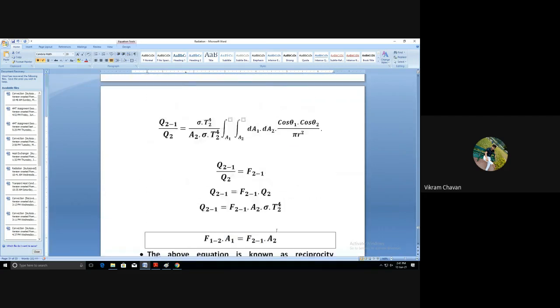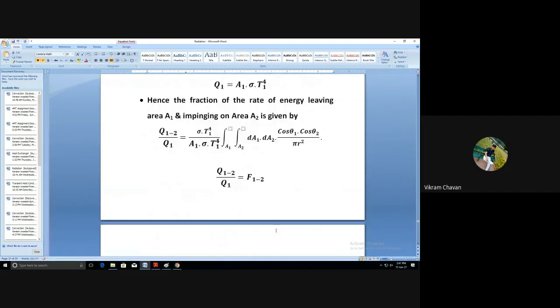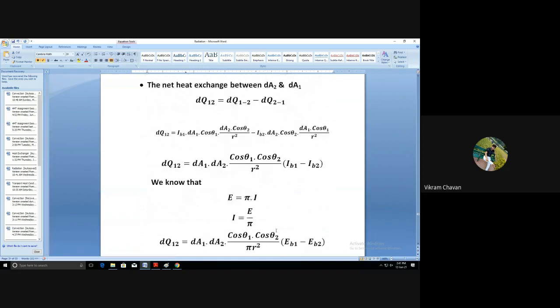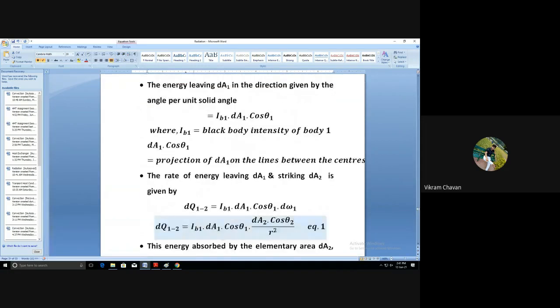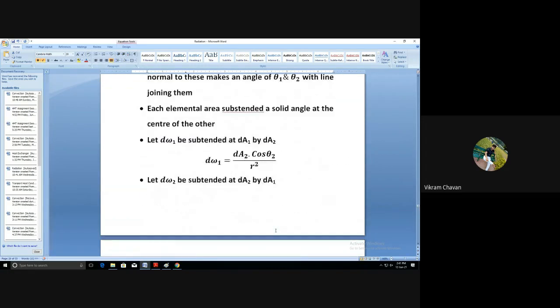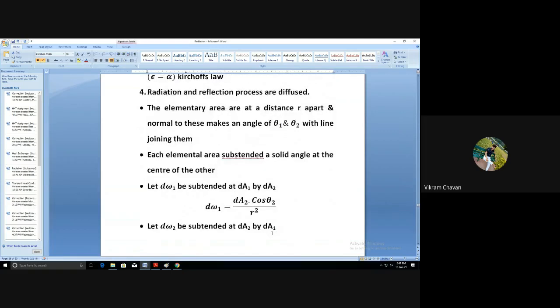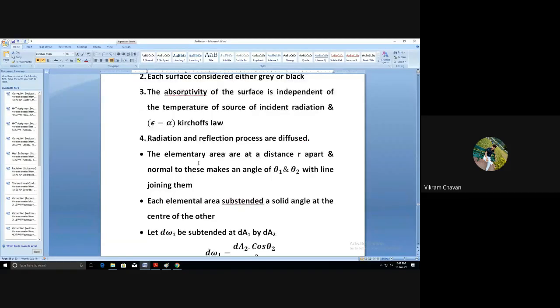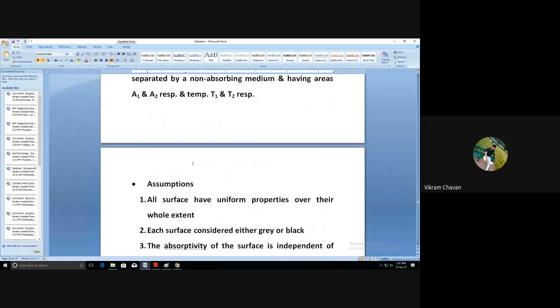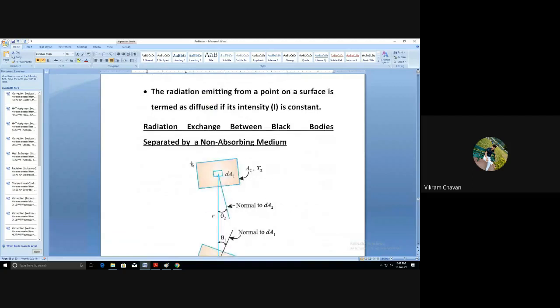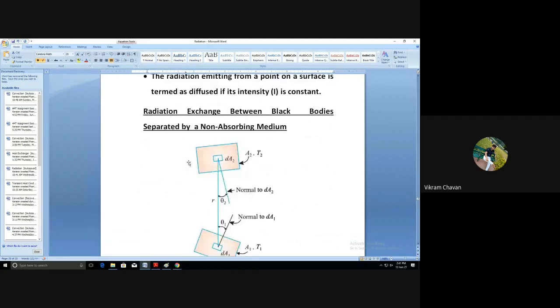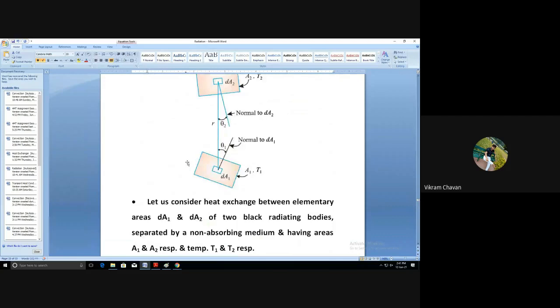Okay, are you getting this particular derivation? Is there any doubt, any question? Okay, if you write this properly, then you can understand better. And if you correlate the points we have discussed previously in this derivation, then it will be easy to understand what we are writing about this radiation exchange between black bodies separated by a non-absorbing medium.